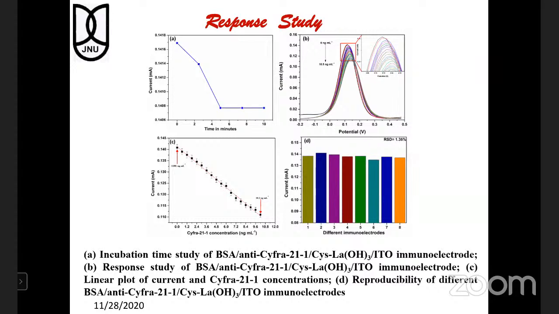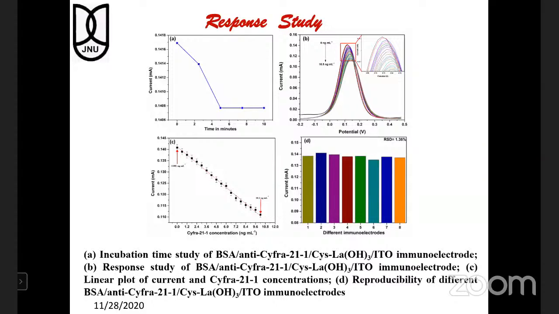This is the curve you can see in graph C. The current continuously decreases, and the sensor's lower detection limit is 0.001 nanogram per ml, up to 10.2 nanogram per ml.